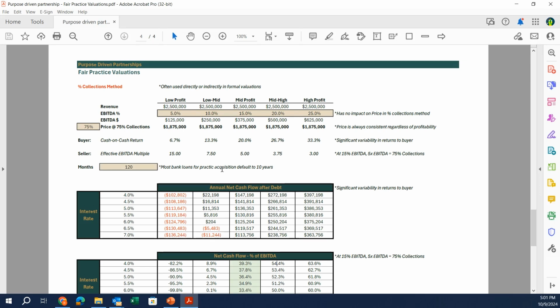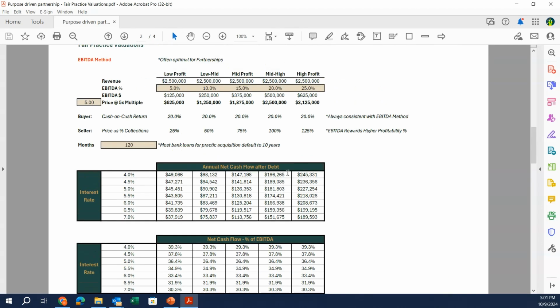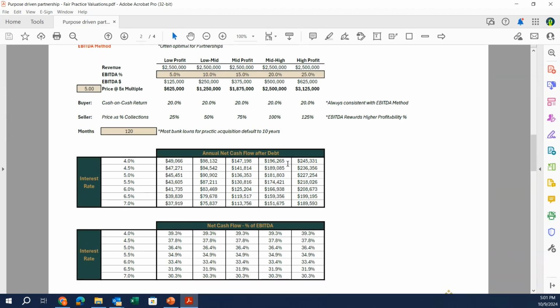And what you can easily see could occur is that buyers and sellers could have a hard time agreeing on the valuation number itself, the company to use, because the outcomes can be so substantially different. One of the big benefits from the EBITDA method, if I go back, is the consistency: the buyer and the seller always enjoy the same returns by using an EBITDA method.